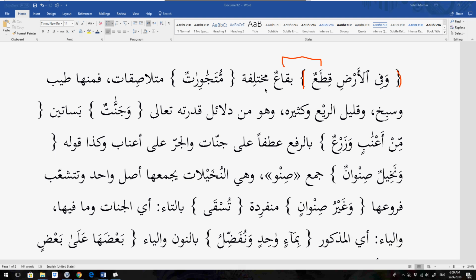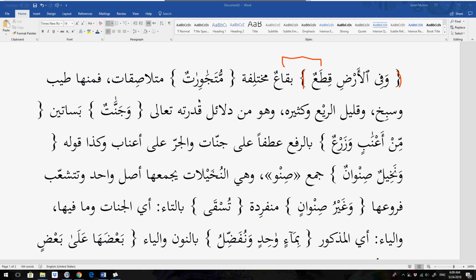These are patches of land. Mukhtalifatun is various or different tracks. Mutajawiratun, that are crossing or adjacent to each other.